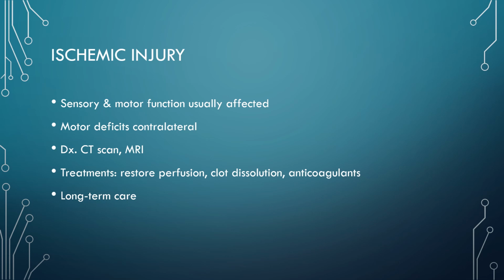I take care of patients with hypoxic events. If we know the timing of the event, if it's witnessed and I know the timing, we have a treatment where we actually cool the patient down. It's like packing them on ice.